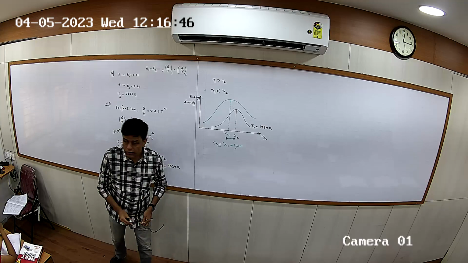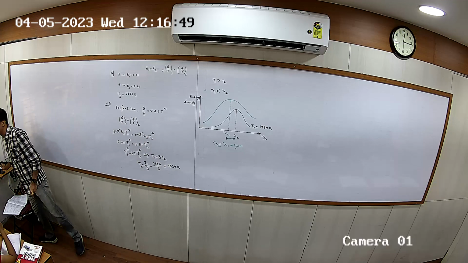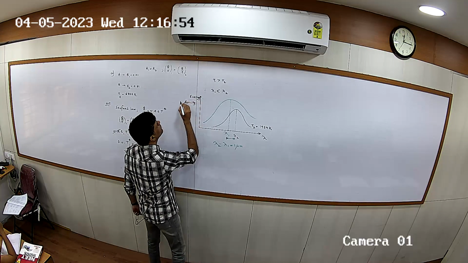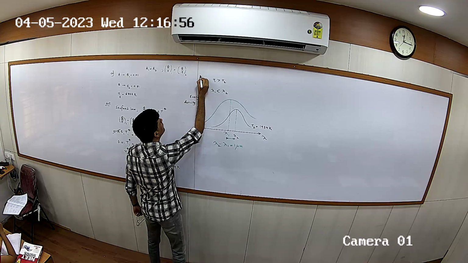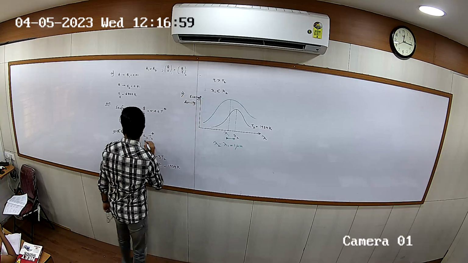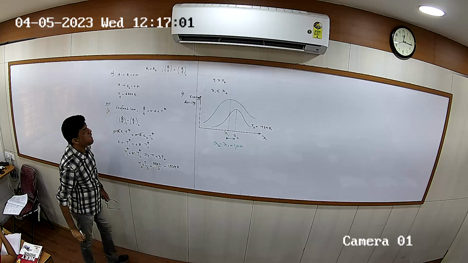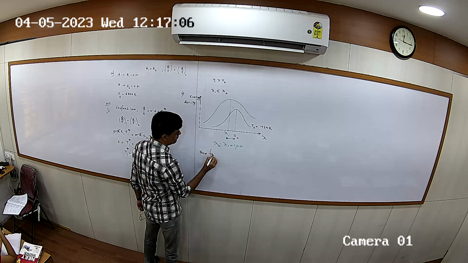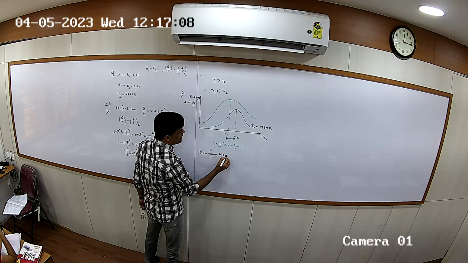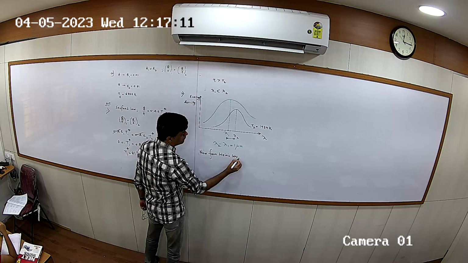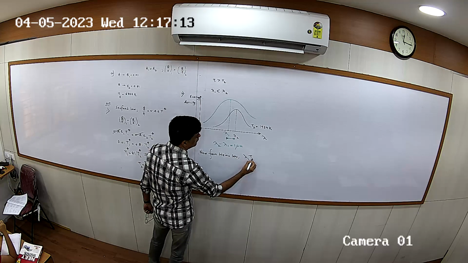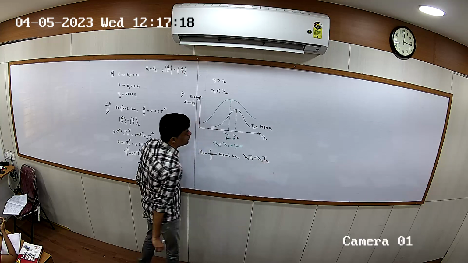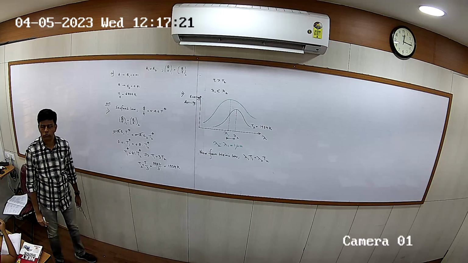Good. Lambda 1 T1 will be equal to lambda 2 T2. Now, this is my first calculation, ये मेरा second था. हाँ, check. Now, from Wien's law, lambda 1 T1 equal to lambda 2 T2.